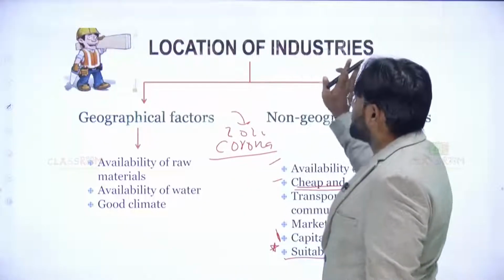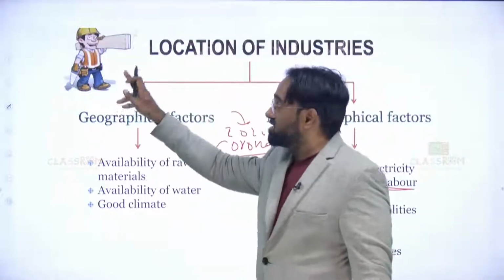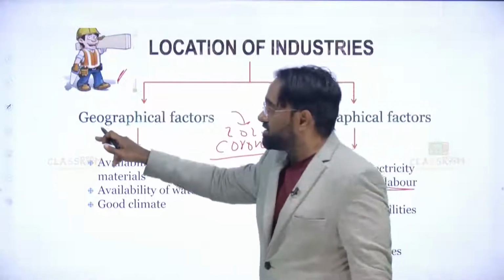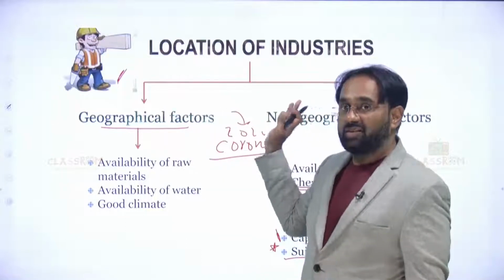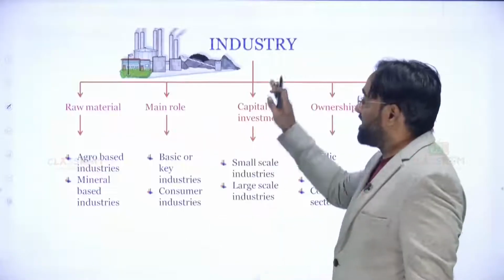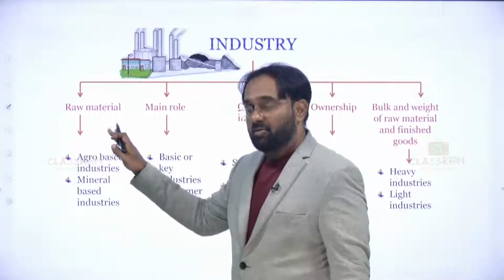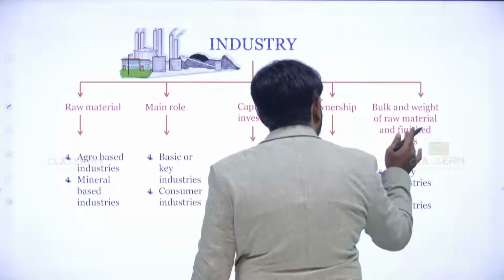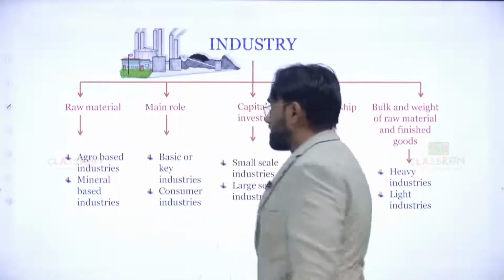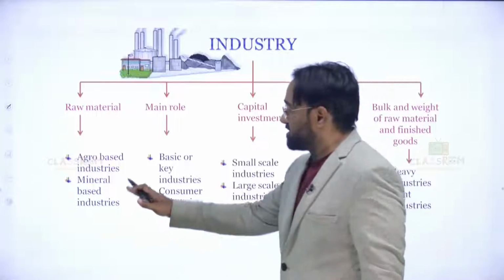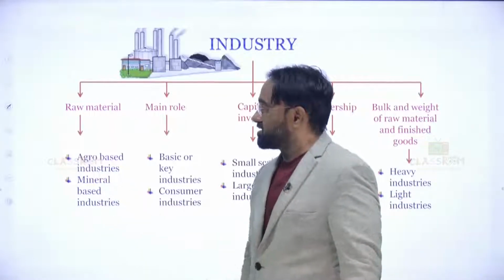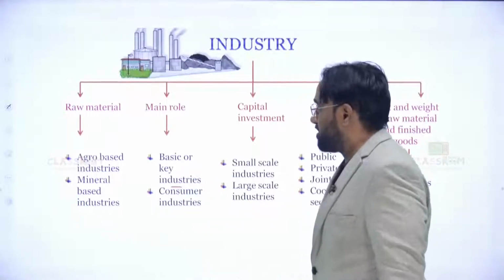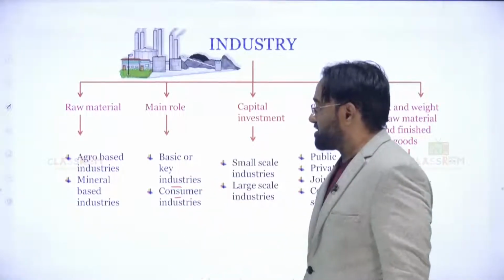So, location of industries: geographical and non-geographical factors. Geographical factors are these things and non-geographical factors are these things. So, industry classification: raw material, main role, capital investment, ownership, bulk and weight of raw material and finished goods. Based on raw material, you have agro based industries and mineral based industries. Main role: basic or key industries and consumer industries.